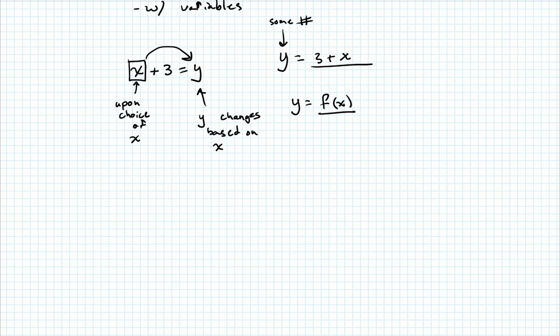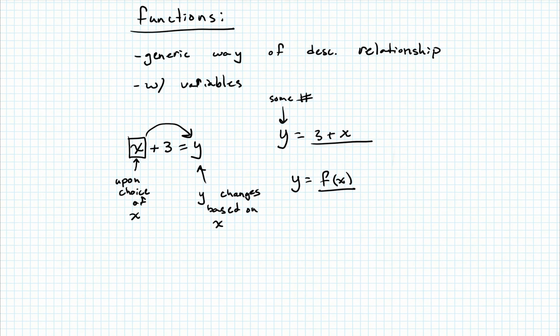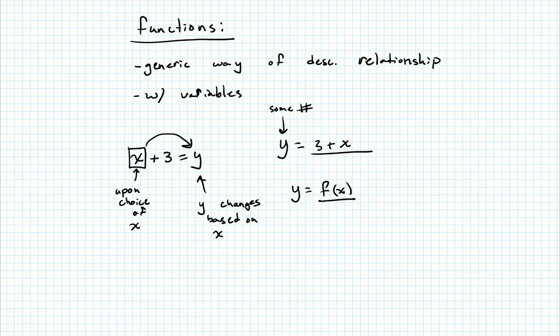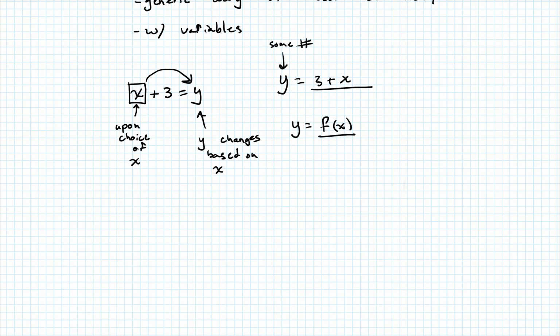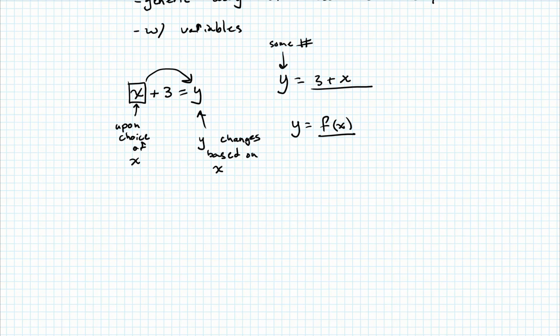And so that's really important because these ideas of functions now move math from discrete ideas using specific numbers to continuous ideas, where we can change a variable, and we can see how that changes the output. We can see the way that it affects this y. So see the change in output.